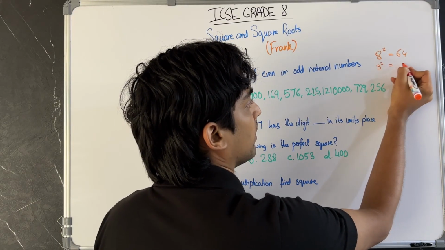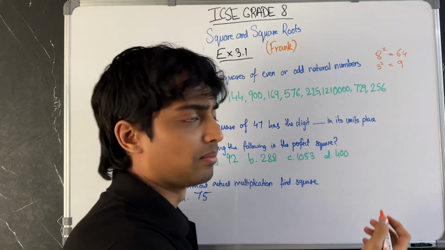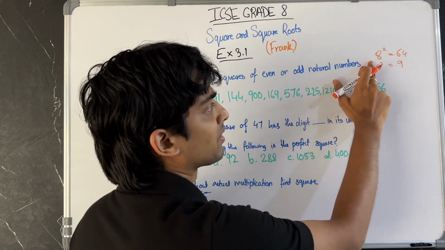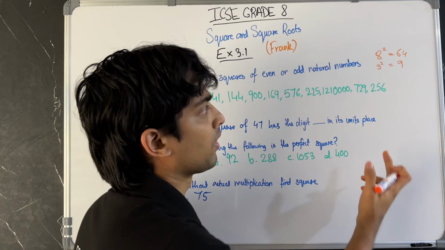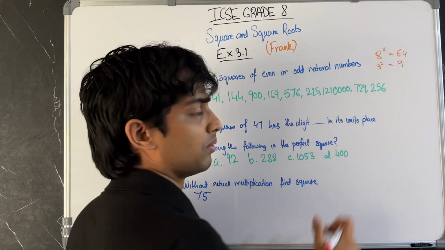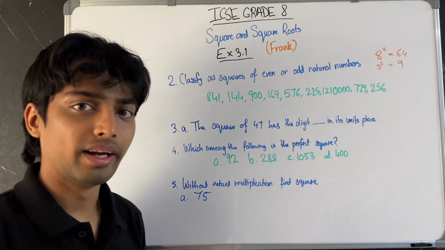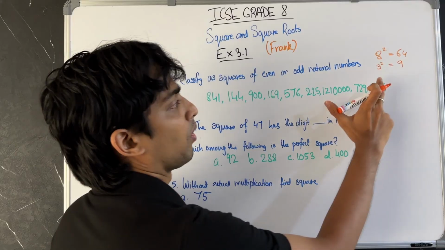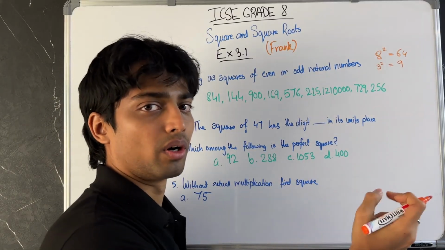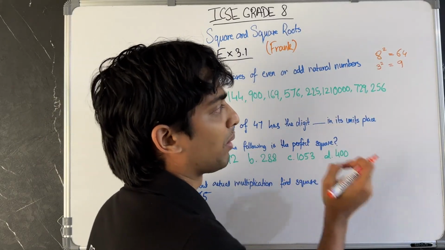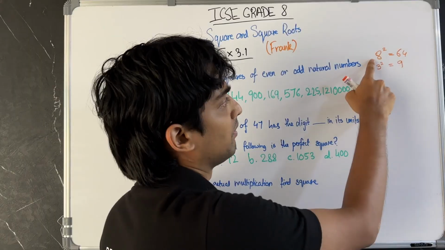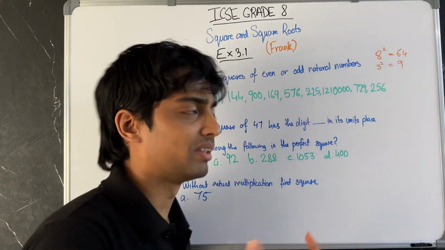The square is 9. Now as you see, an even number's square is always even and an odd number's square is always odd. You can try with any number. Why is it that way? Because an odd square is nothing but an odd number multiplied by an odd number. So odd multiplied by odd is always odd, and an even square is even multiplied by even, which is always even.